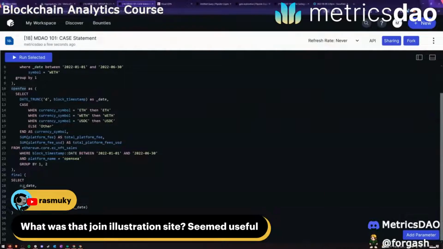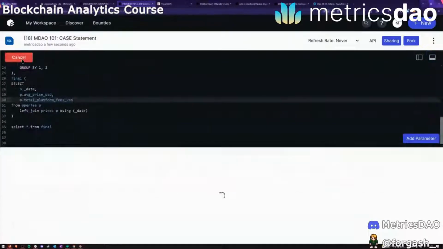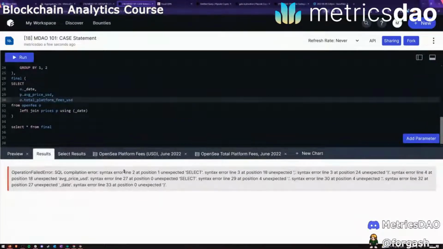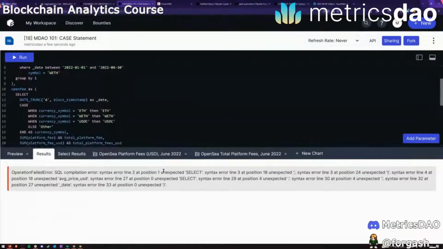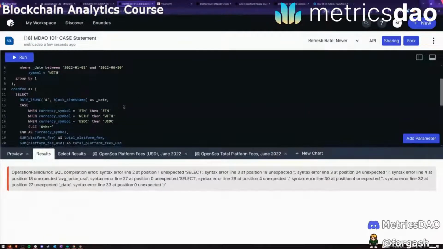If I didn't do that, I'd have to type out OpenFee.date, and we just revealed that I do not like to type if I do not have to. Price came from the price, and then the fee came from Open Platform Fees. Let's see if I made a typo. SQL unexpected select position 1 unexpected comma usually means that I made a typo somewhere.